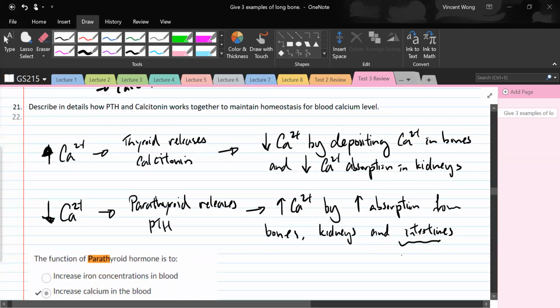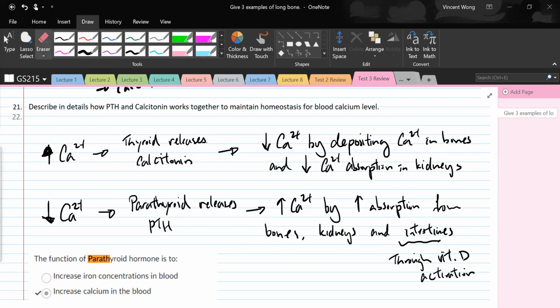And remember, to do that, it would be through vitamin D activation. Okay.